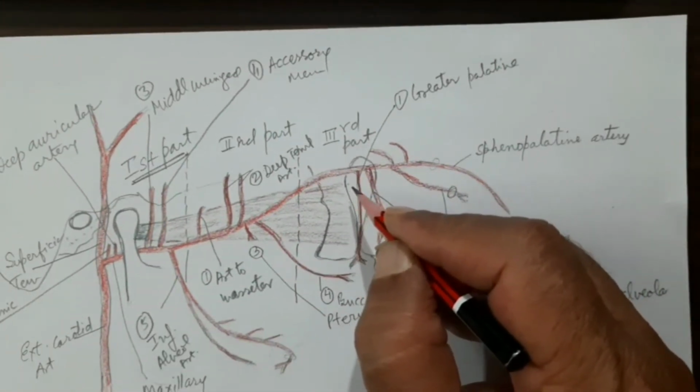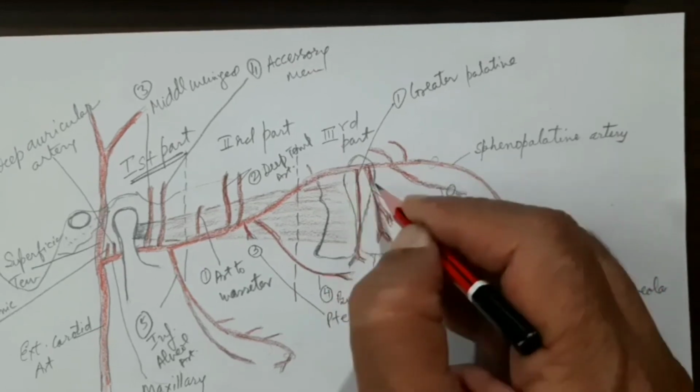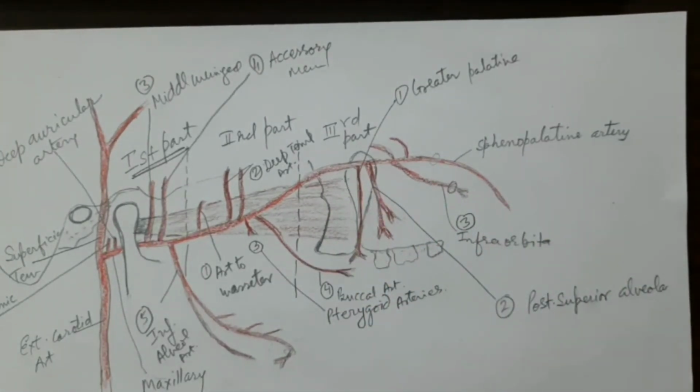It is not drawn here, but remember that this artery goes in the pterygoid canal, through which the nerve of the pterygoid canal comes, formed from the greater petrosal nerve and the deep petrosal nerve, into this fossa, where they supply fibers to the pterygopalatine ganglion.